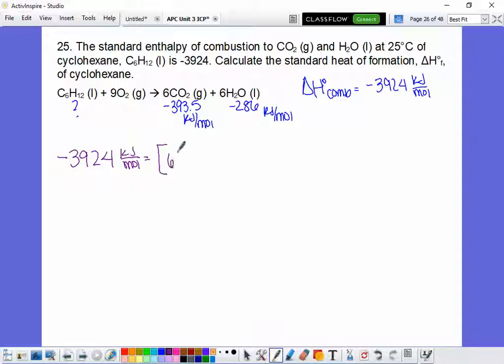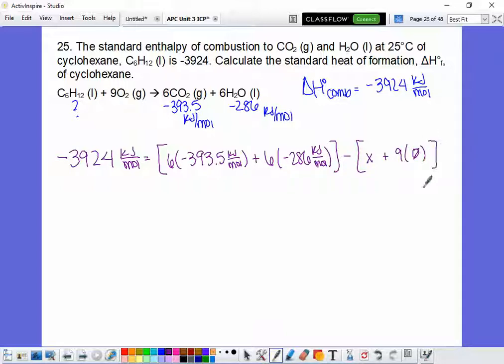Our products are 6 times negative 393.5 kilojoules per mole, and 6 times negative 286 kilojoules per mole. Minus, we don't know the delta HF of cyclohexane, plus 9 times 0. You don't actually have to write the 9 times 0. I'm just doing that for the sake of the notes.